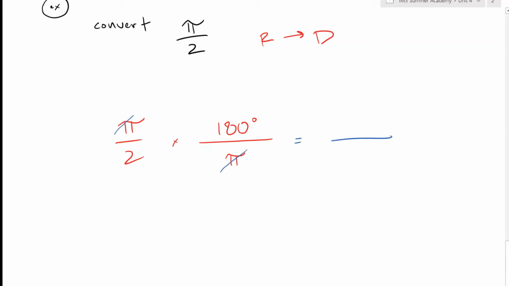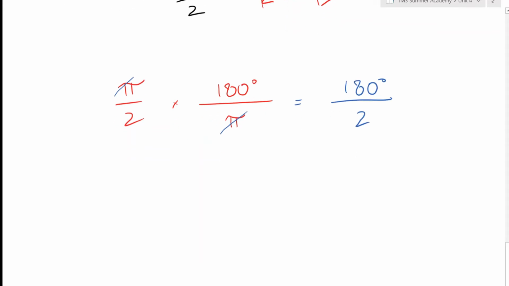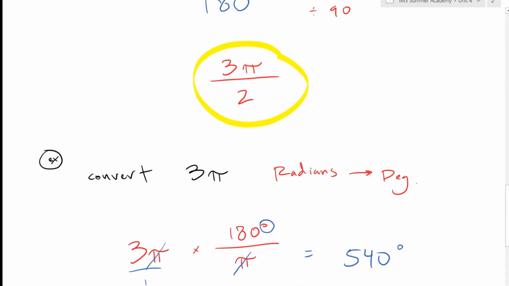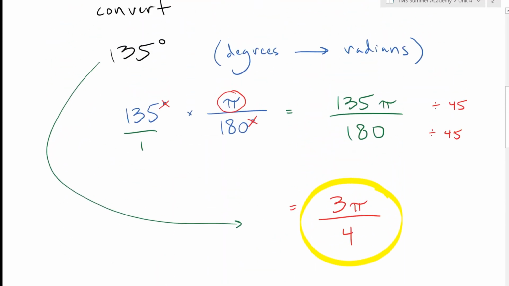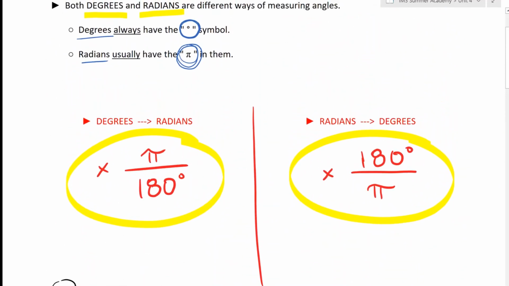And multiplying this together, we get 180 degrees over 2. And finally simplifying that, 180 divided by 2 is 90 degrees. So now we are in degrees. 90 degrees. So pretty simple here. Just make sure you simplify as much as possible. Cancel out pi's, make sure you have the right units at the end.